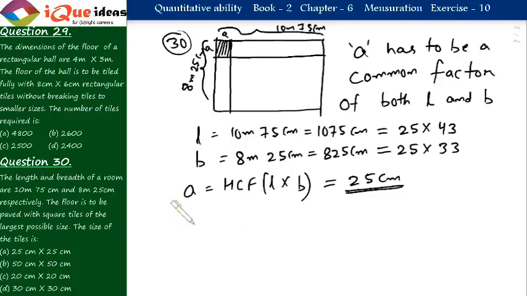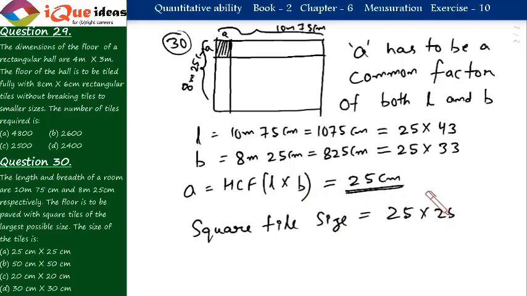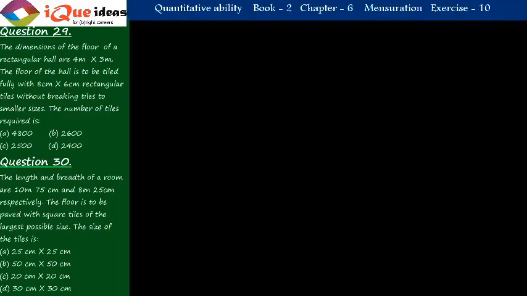So this has to be the side of a tile. So the square tile size should be equal to 25 into 25 centimeters square. You can check the options. Option A is the correct answer. Alright.